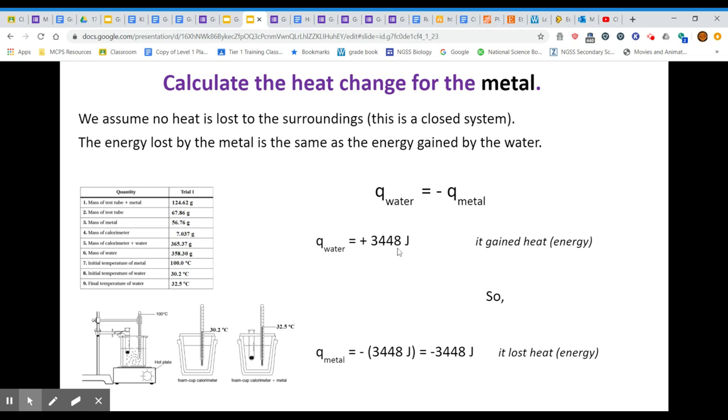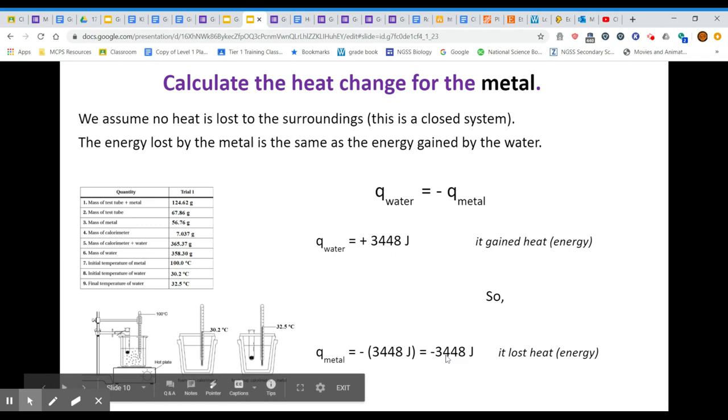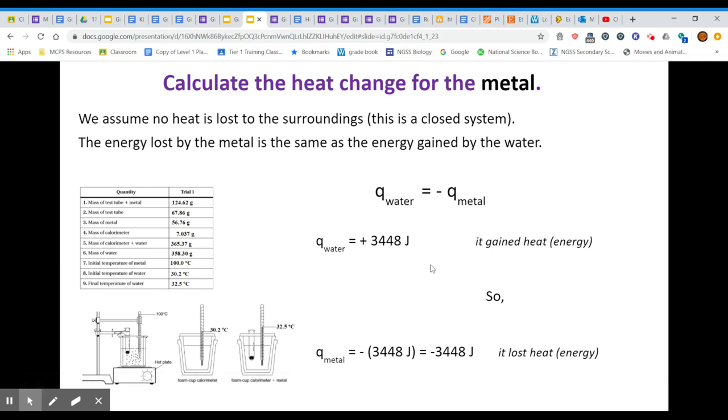That will be the same amount as the heat lost by the metal, only the sign will be different, as the metal loses heat and the water gains heat. So Q for the metal will be equal to a negative Q for the water. So here it is, negative 3448 joules. Remember, heat gained is the same as the heat lost. So the amount remains the same, only the sign changes.